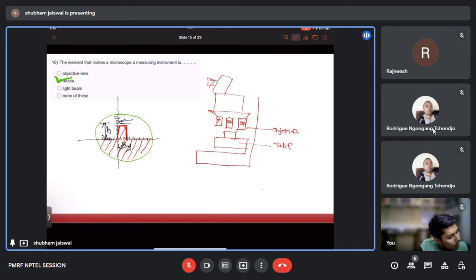You can have a light source here, or from the bottom, or from the top, depending on its type. You can use the objective lens for magnification of that image, but only the reticle, which is placed inside your eyepiece, has the marking on it, and with the help of that marking, we can measure.